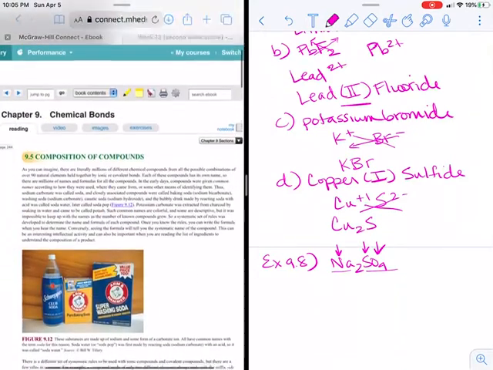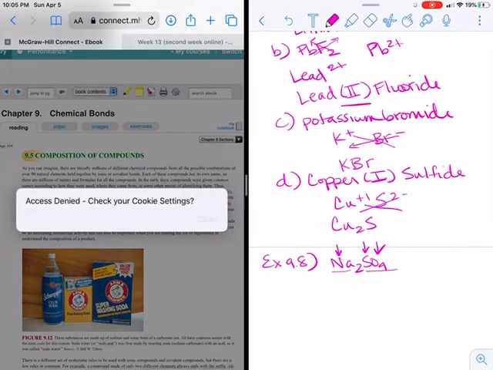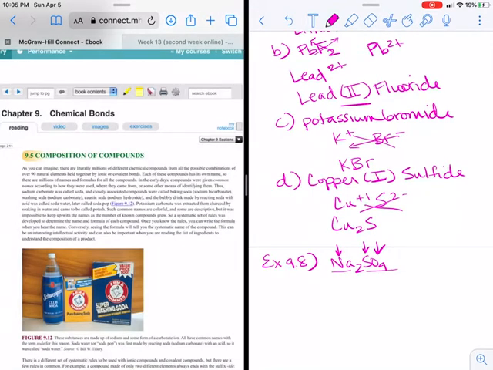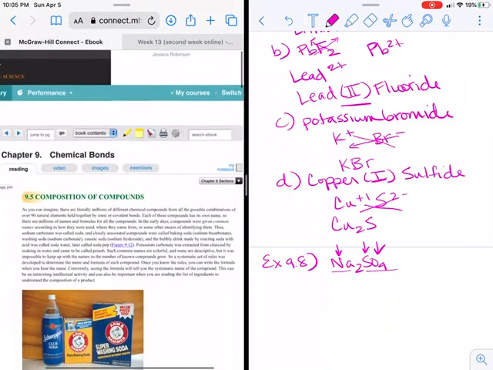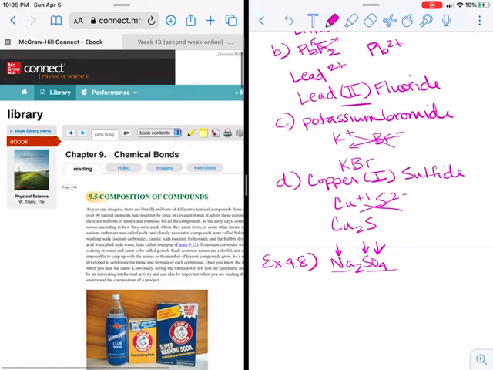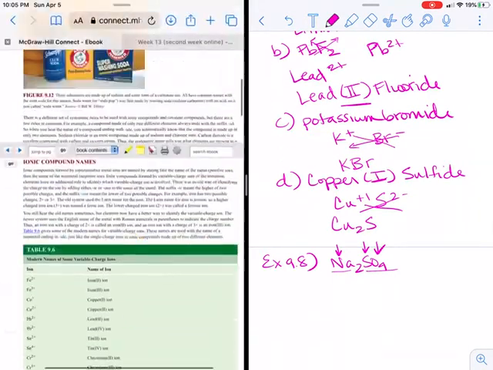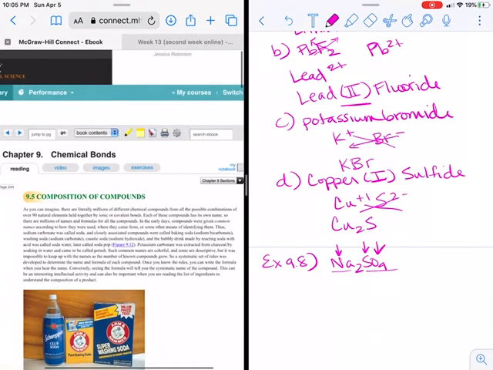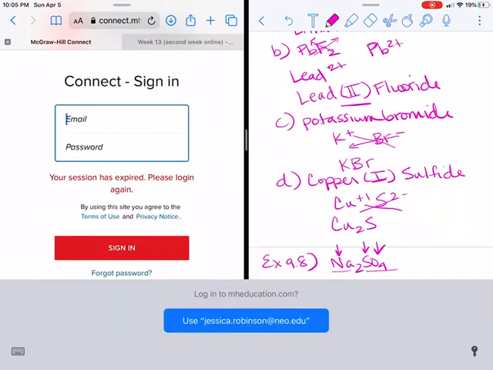So if I have to go back here to that table, which is in chemical bonds. And for some reason it's not letting me. Why is it not letting me?